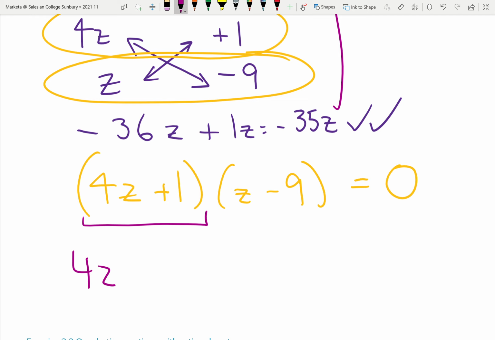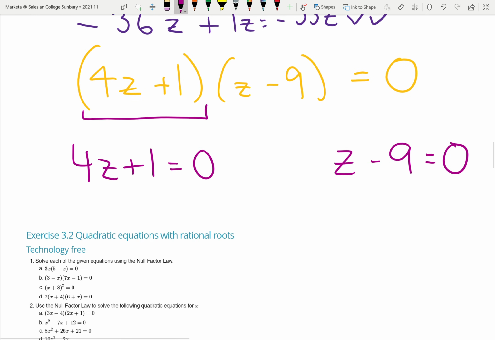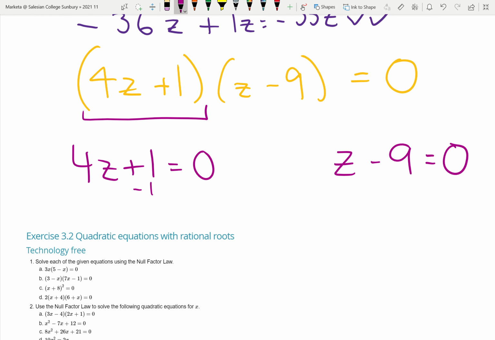This can equal 0, and z minus 9 can equal 0. So let's solve. I'm going to minus 1 on both sides. Kind of running out of room a little bit. So we've got 4z equals negative 1, and that means z equals negative 1/4.